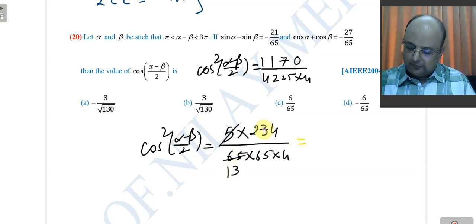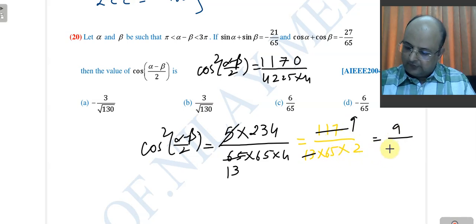Is this divisible by 13? Can you observe that? At least it is divisible by 2. So 117 upon this is 2 into 13 into 65. Yes, 13 9s are 117, so this is 9 upon 130.